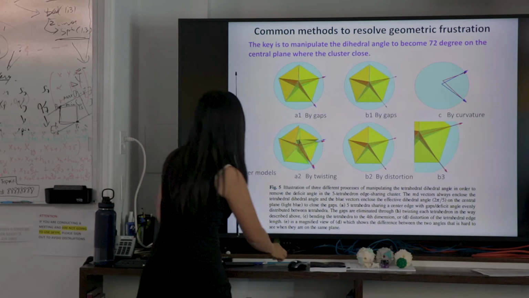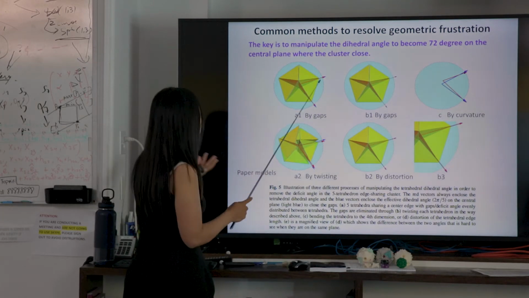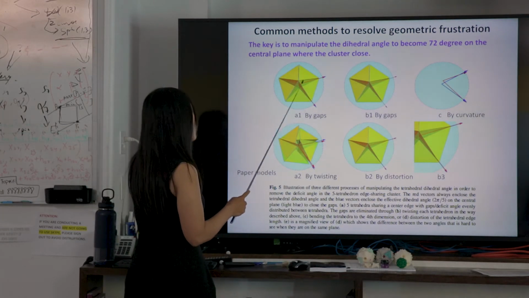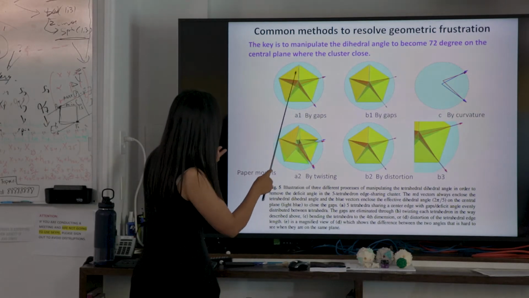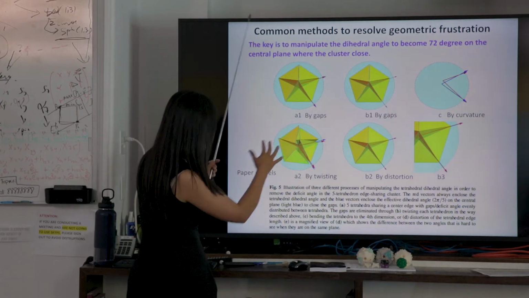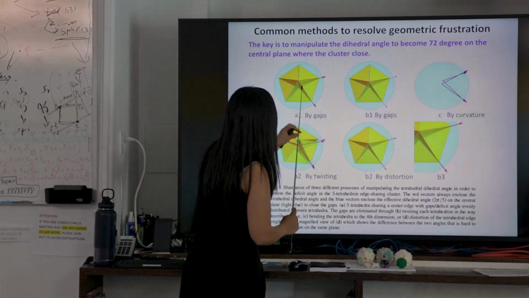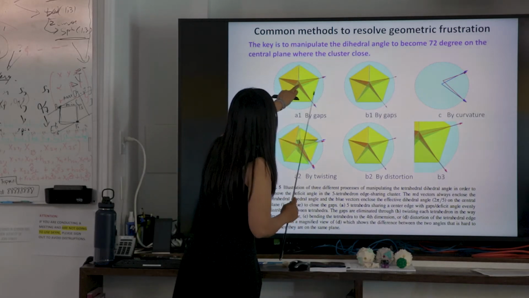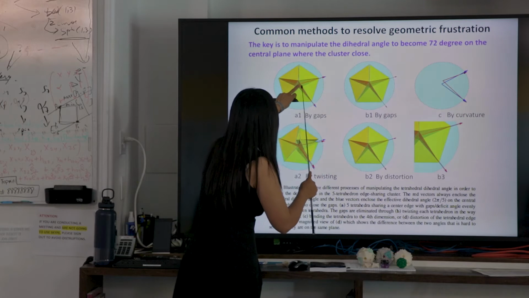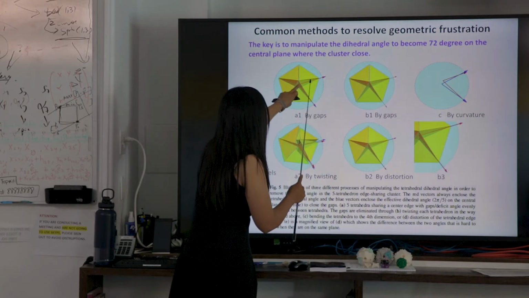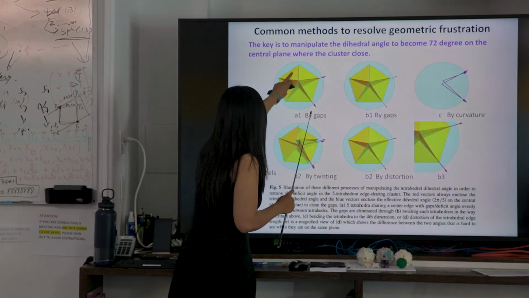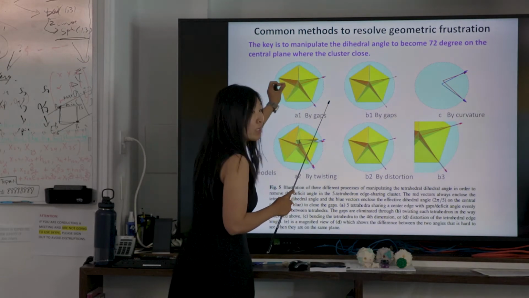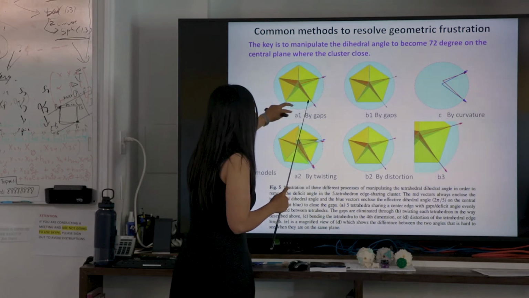If we plot out the cross section through this central plane for each tetrahedron, we can see there will be a 72.5 here, 72.5 here, and 72.5 on these places, and there will be little tiny gap angles there.